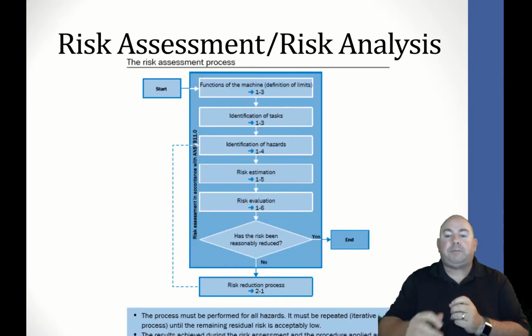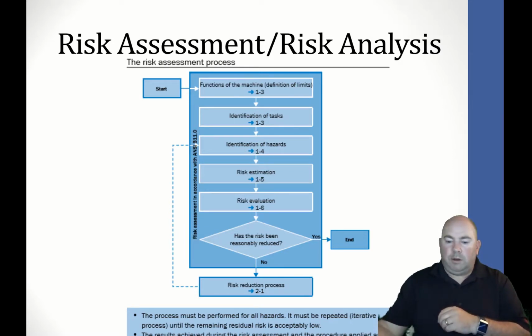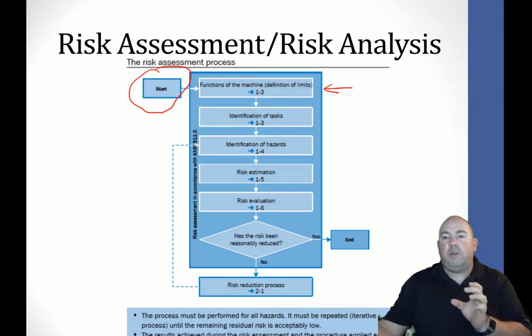To do a proper risk assessment, we basically look at a chart that's laid out kind of like this. We have our starting point up here, and then first of all, we look at defining the limits of the machine, gathering up all that information we just talked about in the previous slide.